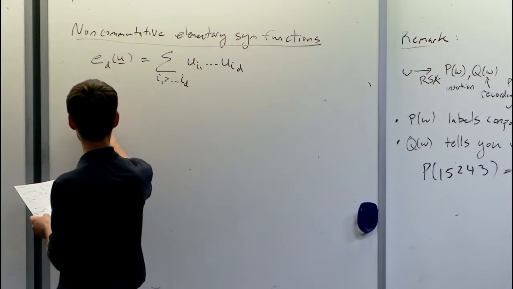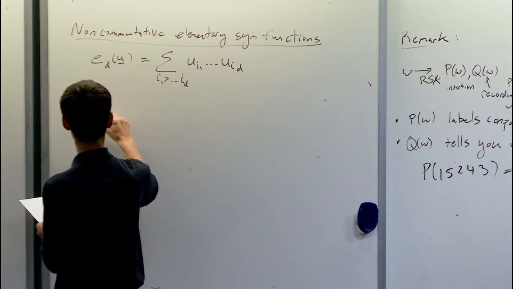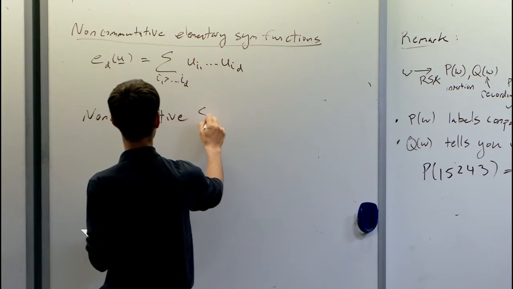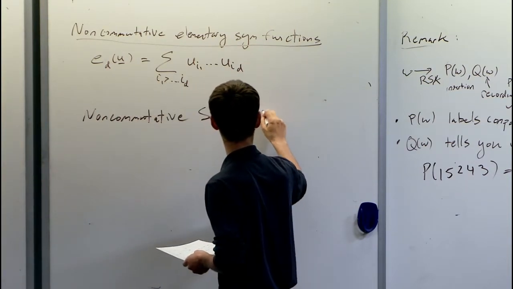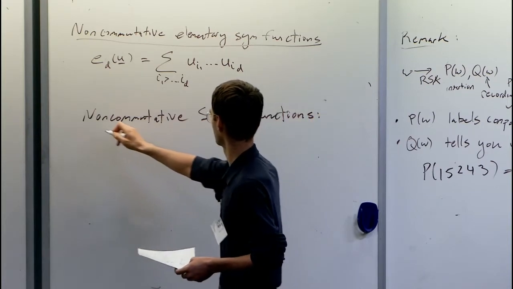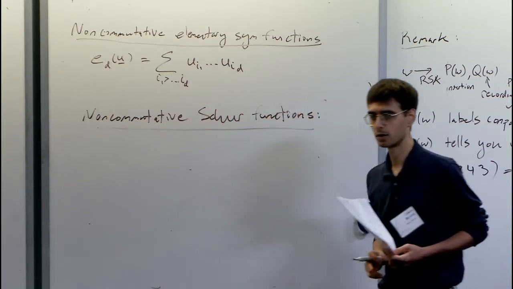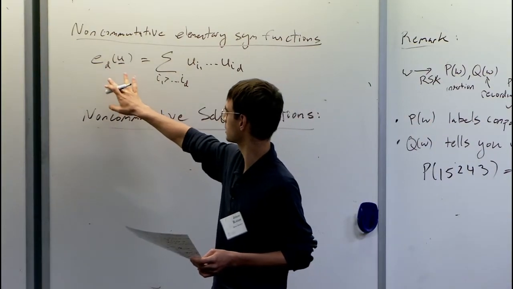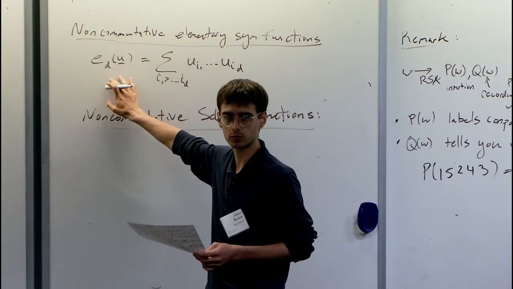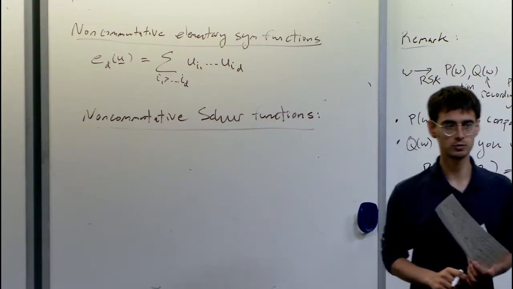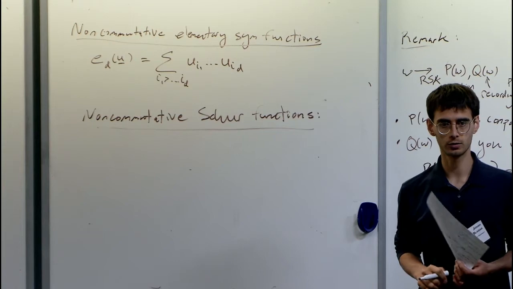So now we can define the non-commutative Schur functions. All right, so we're going to be working in settings where quotients of U, where these E_D, these non-commutative elementary symmetric functions commute with each other.